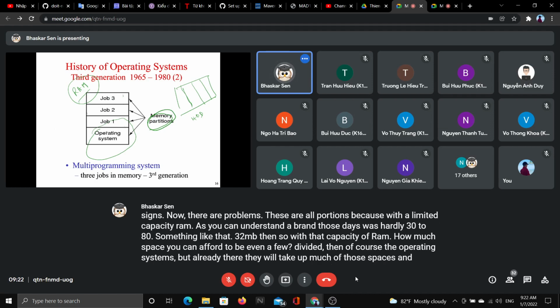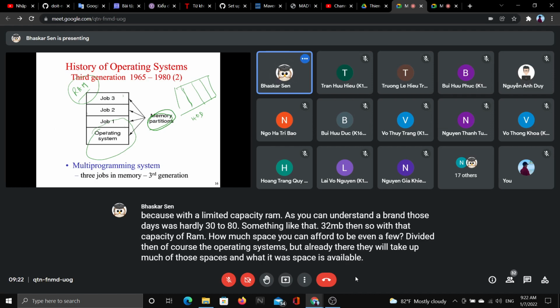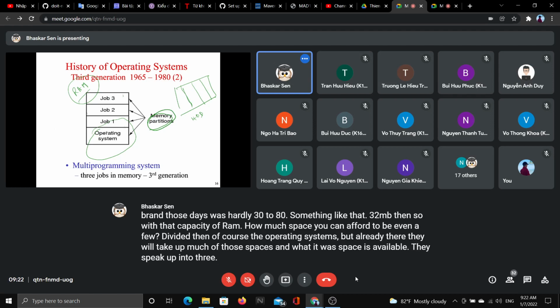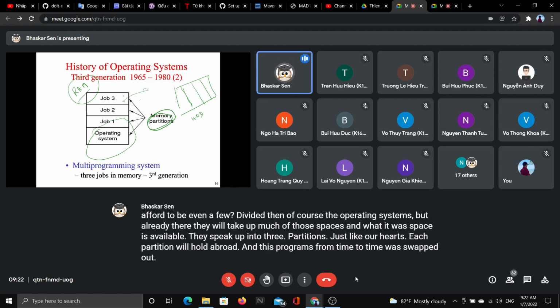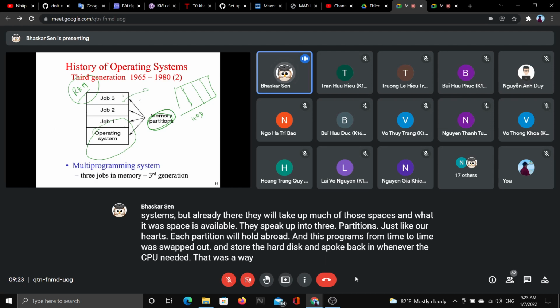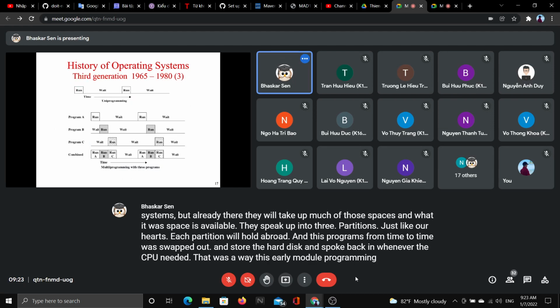And whatever space is available, they will split into 2 or 3 partitions, just like our hard disk. Each partition will hold a program. And these programs, from time to time, were swapped out and stored in the hard disk and swapped back in whenever the CPU needed them. That was the way these early multi-programming systems were run.